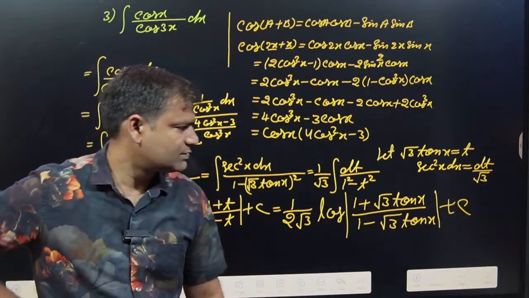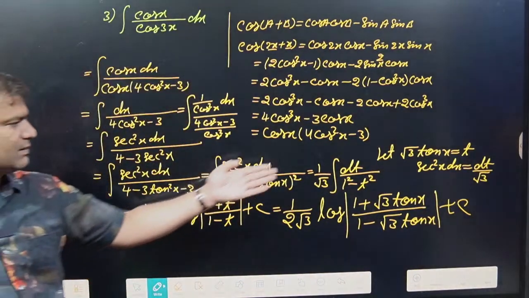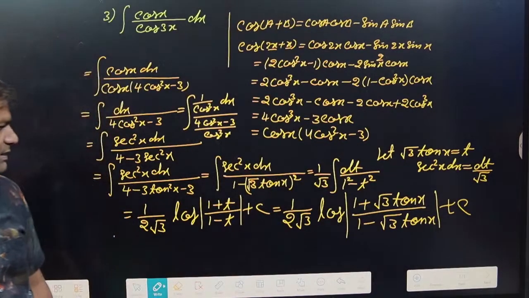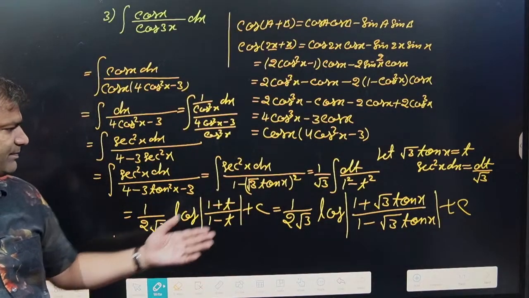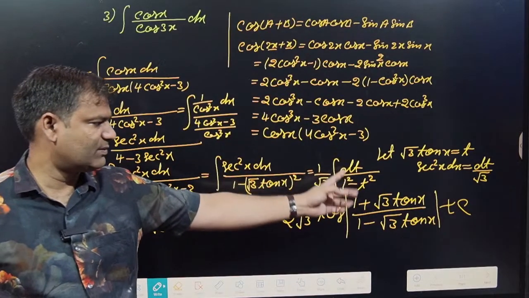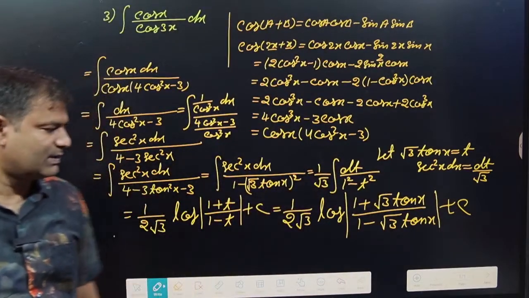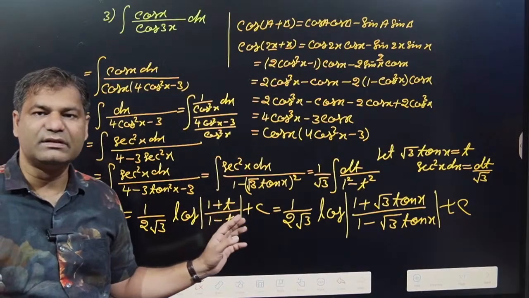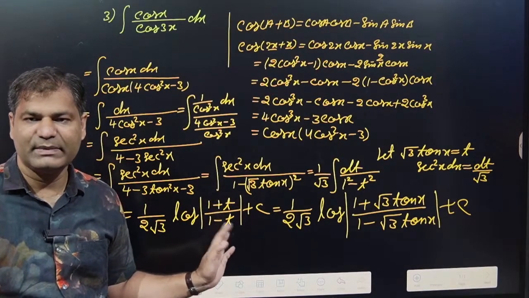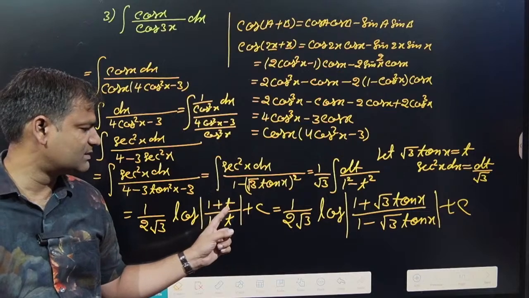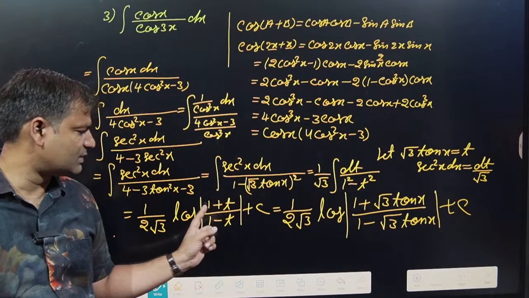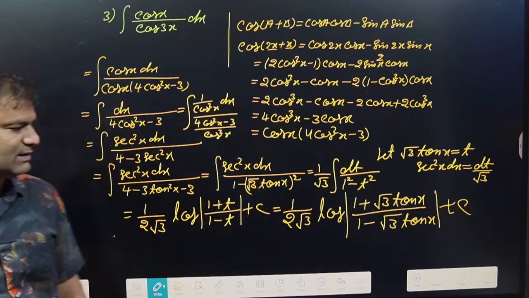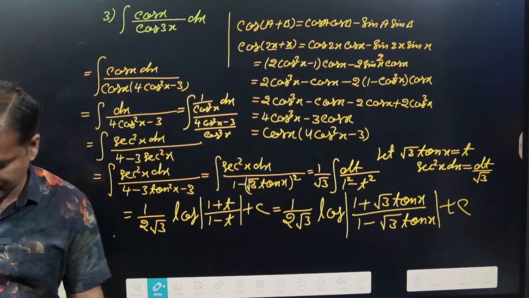After putting this value, we get 1 by root 3 dt divided by 1 minus t square. Then apply the formula 1 upon 2a into log of (a plus x) upon (a minus x). Here a is 1 and x is t, so (1 plus t) divided by (1 minus t), and t is replaced by root 3 tan x. Then we get the final answer. I hope it is clear.